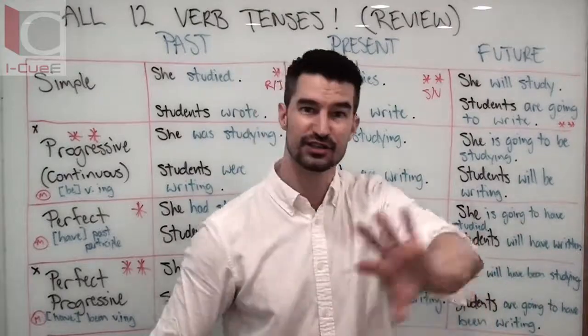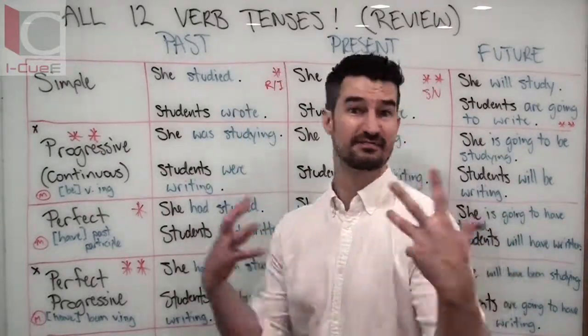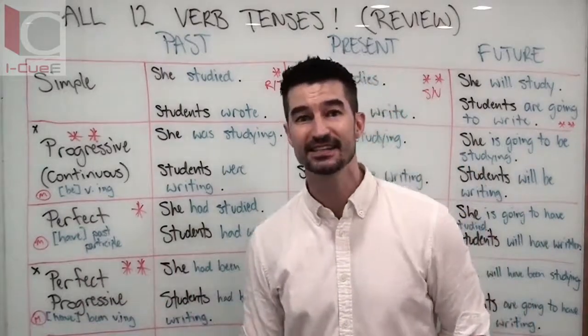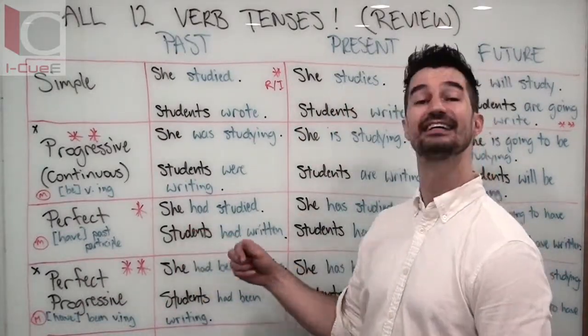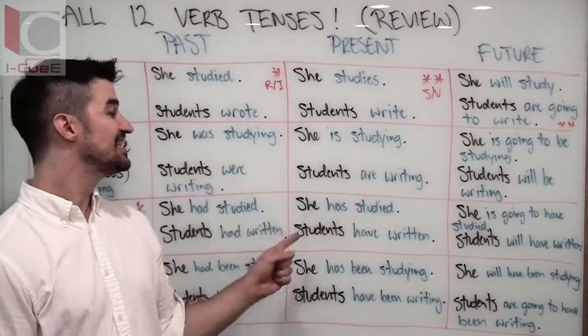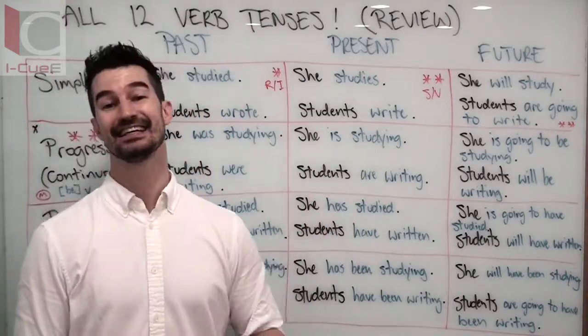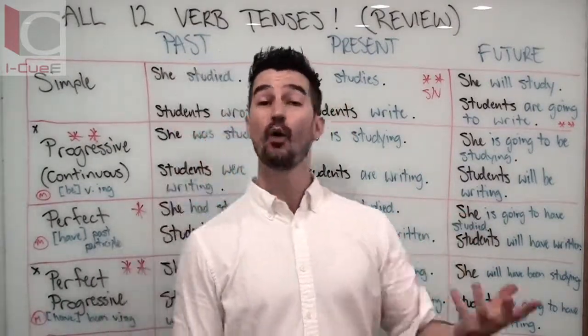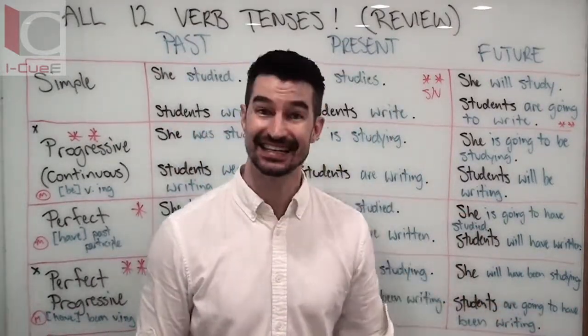Links below or to the side or in our lists. Just find the links if you don't know. Past perfect, she had studied. Present perfect, she has studied. Future perfect, she is going to have studied.